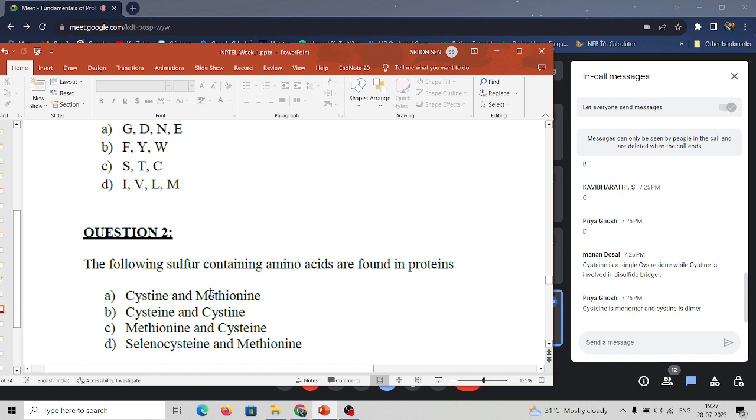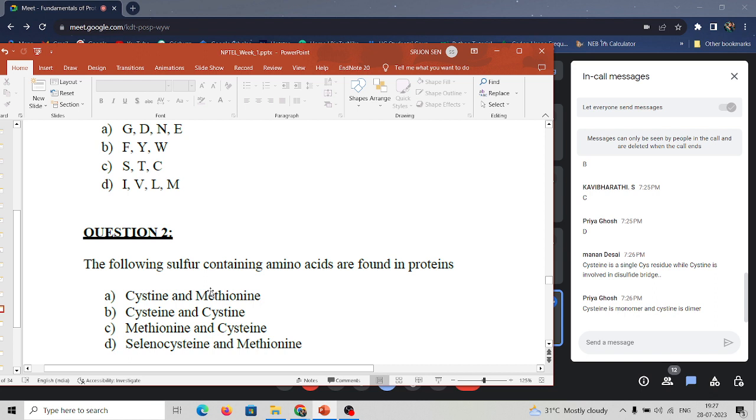the most relevant answer over here would be your C, because methionine has a sulfur. Okay, so it is a sulfur containing amino acid, and cystine, the dimer form, is involved in a disulfide linkage.